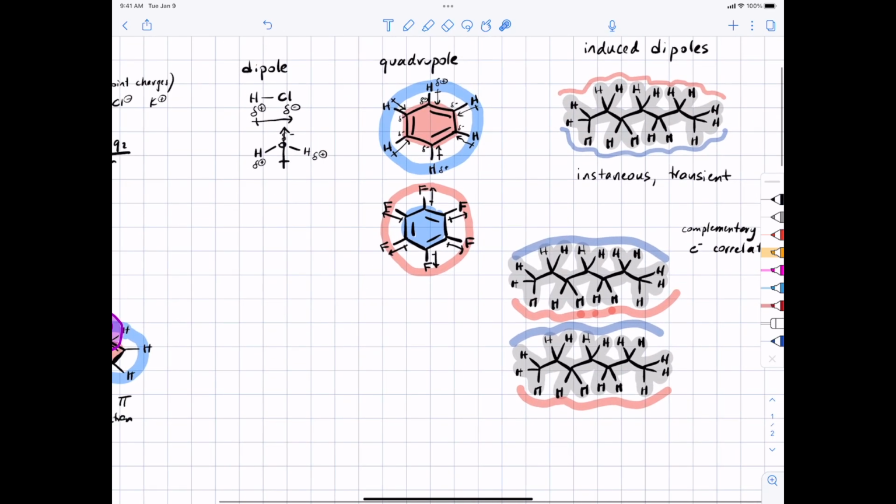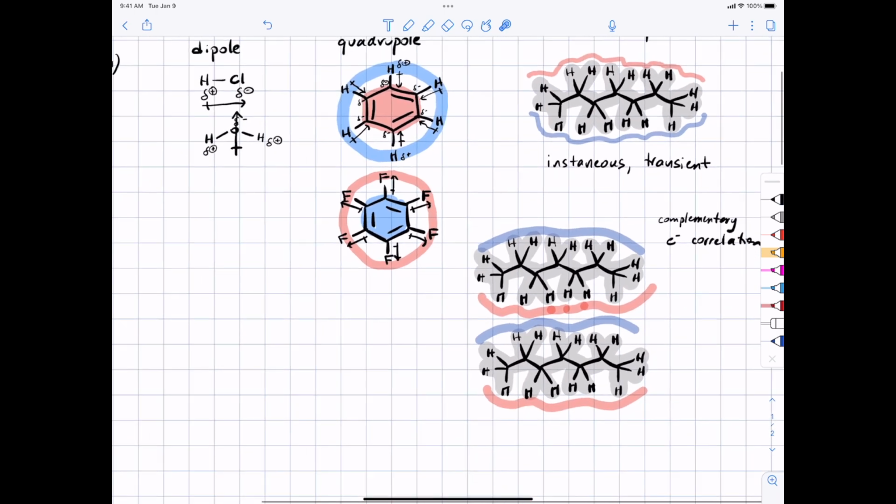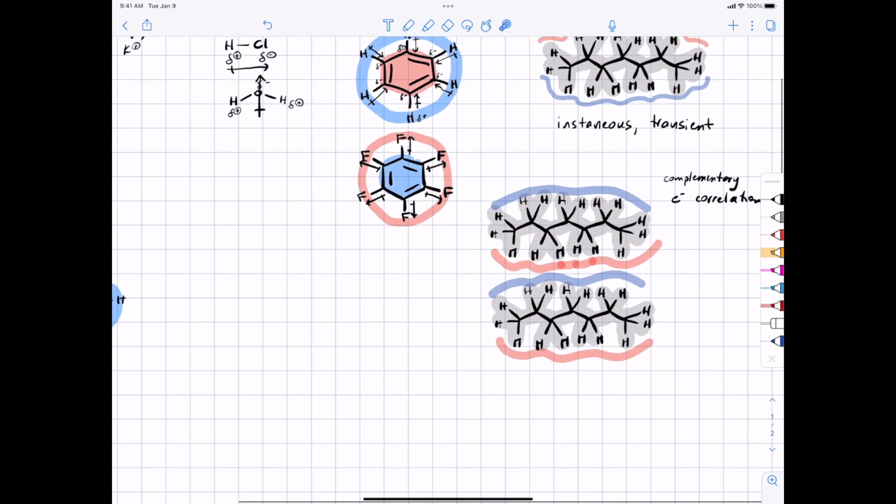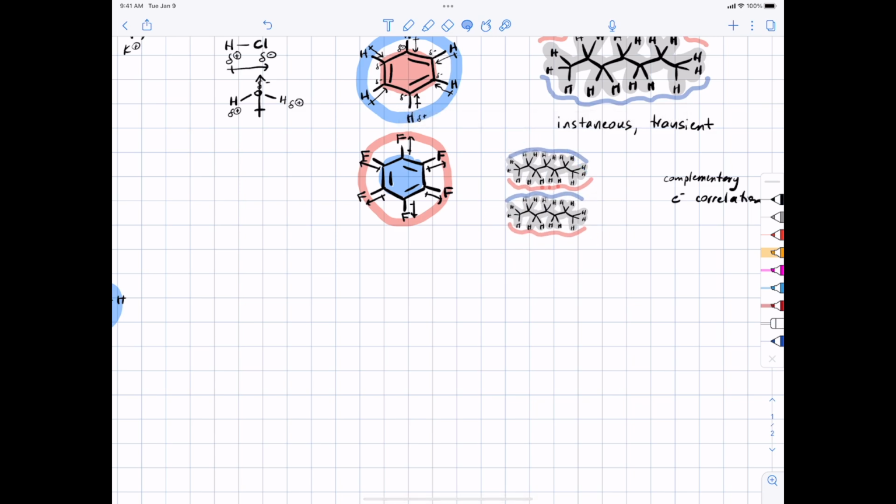With induced dipoles, they can be stronger depending on a couple of factors. Strength here is going to depend on a couple of things. One is contact surface area between molecules. If molecules can really engage and get close to each other and there's a lot of overlap, a lot of surface area, the interaction can be quite strong.